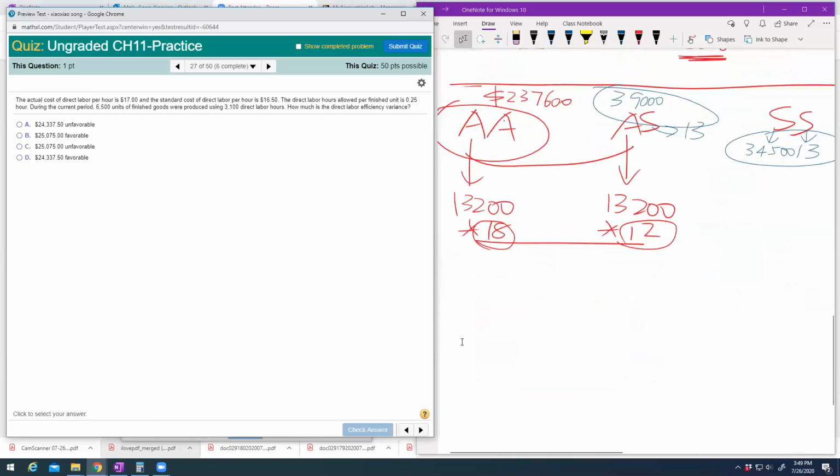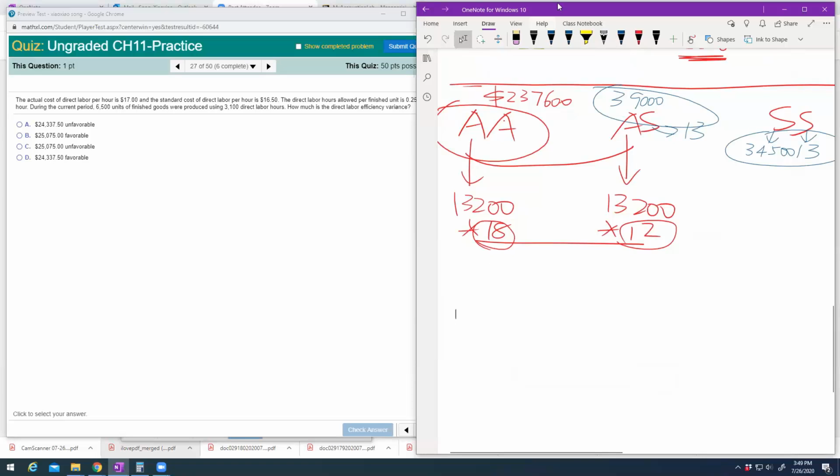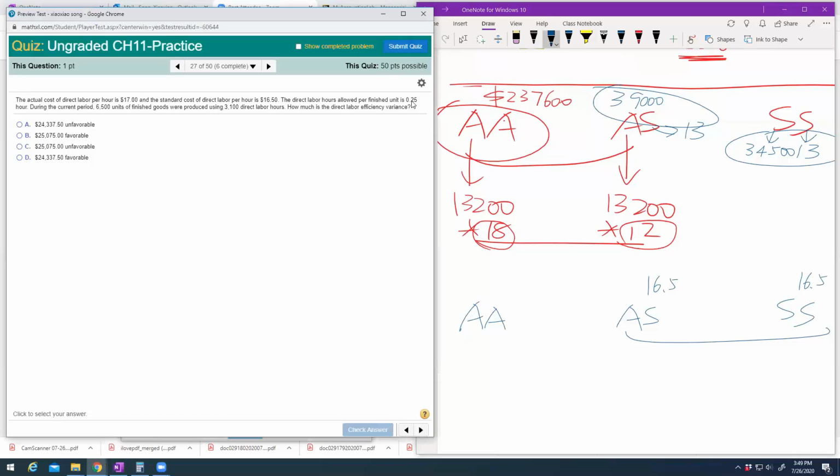If we have this format, let's look at this one. We do this together. It's asking you about the efficiency. So still actual, standard, and then standard. Actual cost is 17, we don't worry. Standard cost is 16.5. Direct labor hour allocated is 0.2 hour.